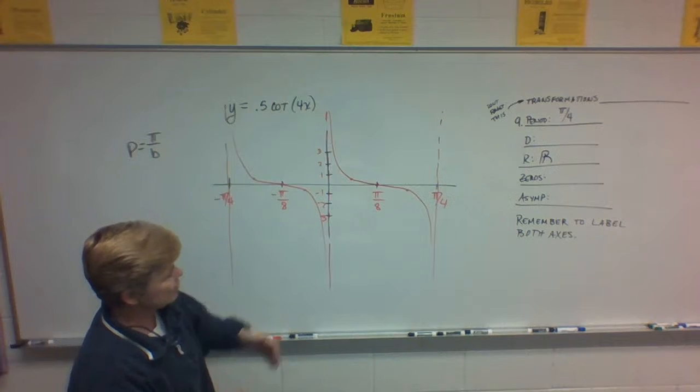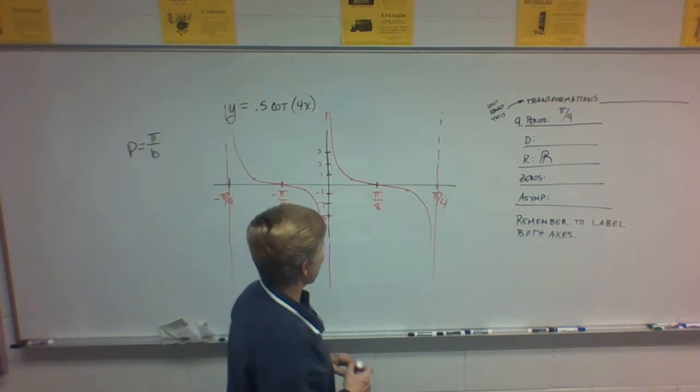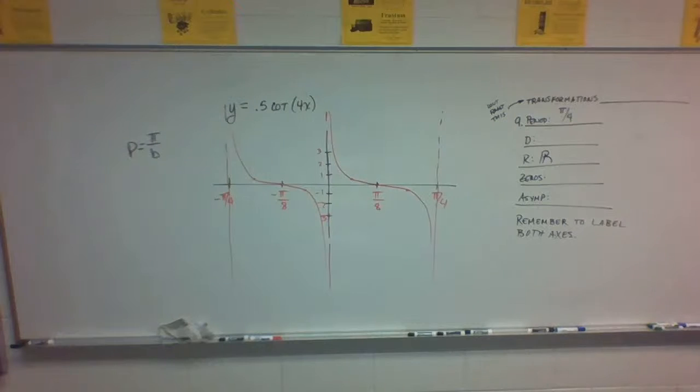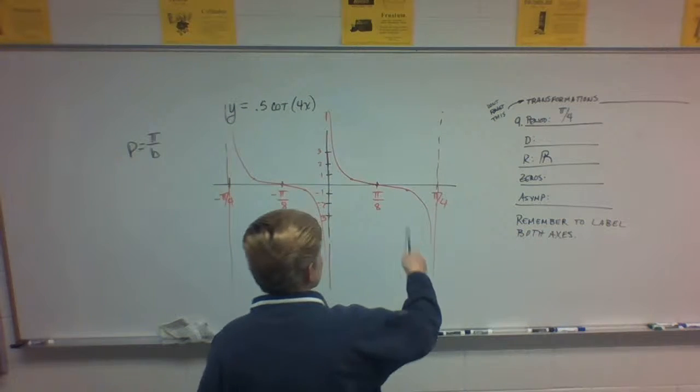Now let's see if we can tell from this, what's the domain? All numbers except. You're trying to figure out how to phrase it so you don't include the asymptotes, right? Which is correct. That's what you should be thinking about. An asymptote occurs every time there's another pi fourths.